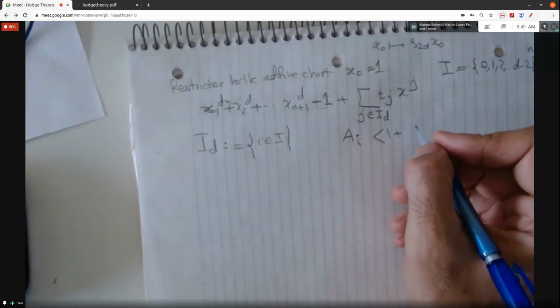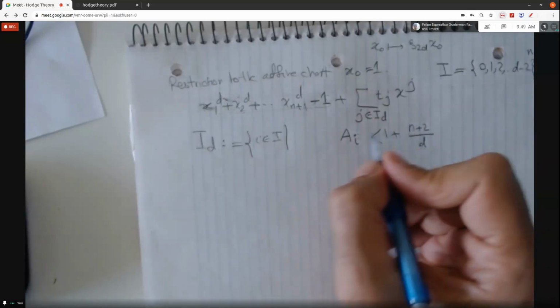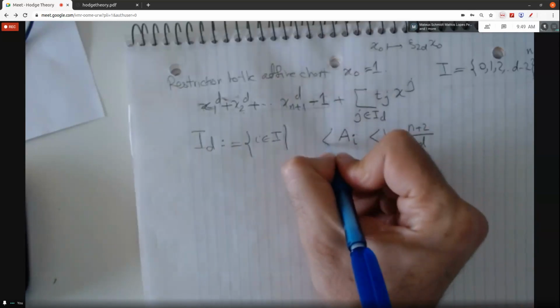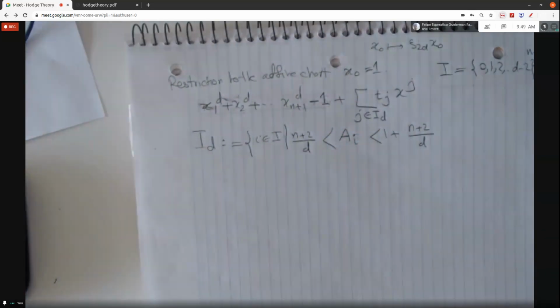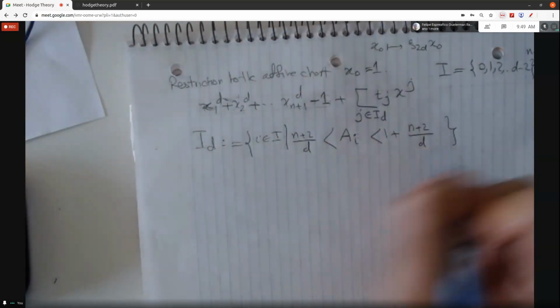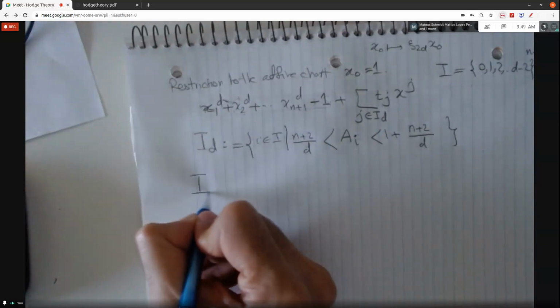So let me see, k equals n plus 2d, and then 2d. And okay, so for the notation of the Hodge pieces also, I will need these guys.